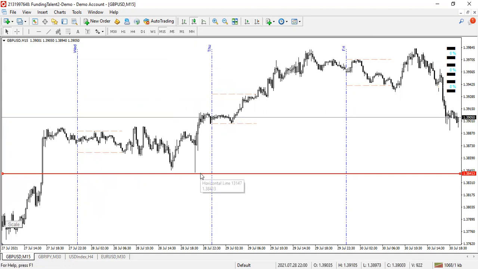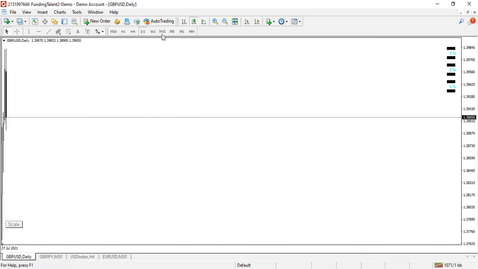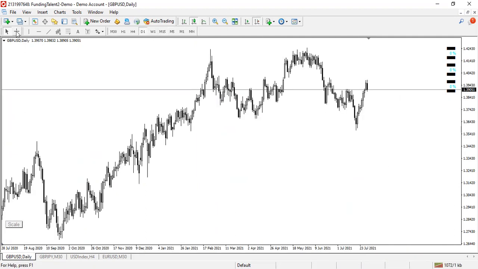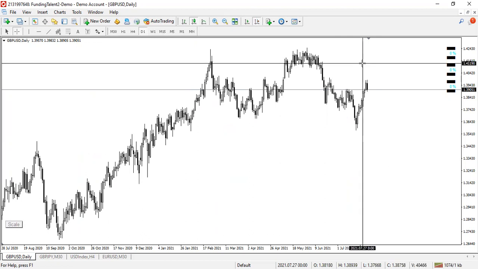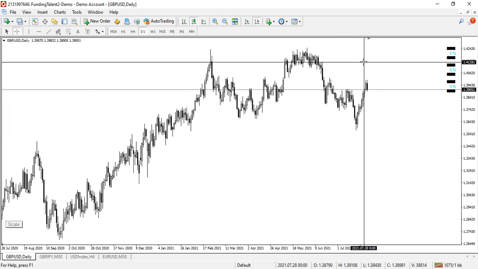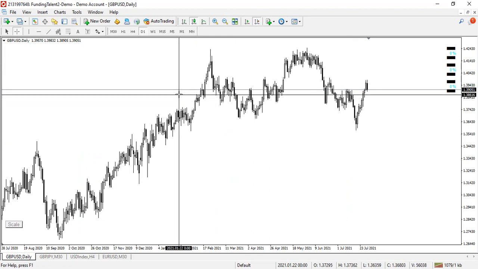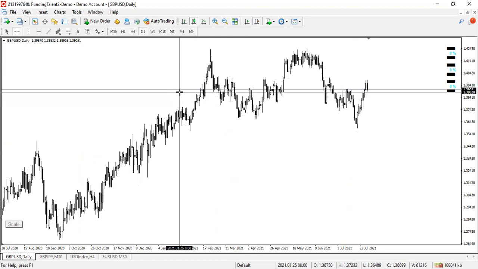We want to see 28th, 29th. This is 27th, this is 28th. Again, now this is tricky. This can be very, very tricky. What did they do?